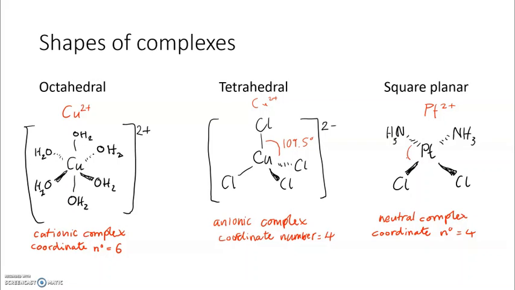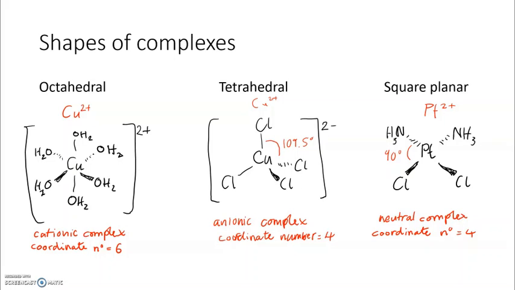If you have a look at the bond angles within these complexes, you will note that the square planar complex has a smaller bond angle, and so crowding around that central ion is going to be more of an issue.